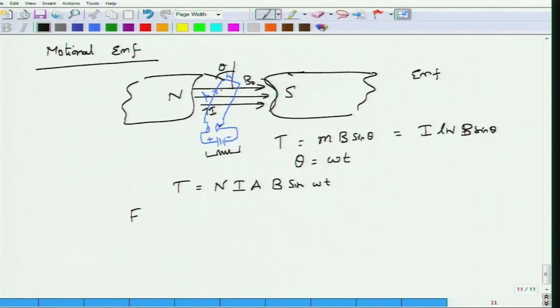From the torque, what we observe is that it is proportional to sin omega t, and at any integer multiple of pi, the torque will be equal to 0. Now, torque is a rotating motion, so torque causes the coil to rotate.